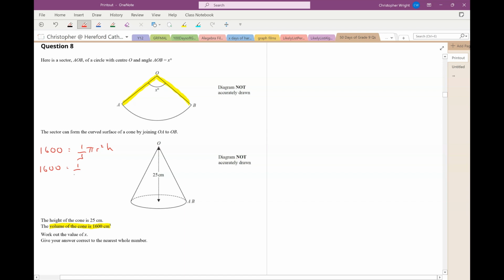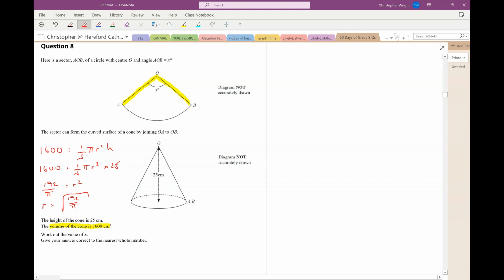So I have this equation to solve for r. 1600 times 3, divide by 25, so I get 192, and I'll divide by pi, and that is r squared. So r is the square root of 192 over pi.